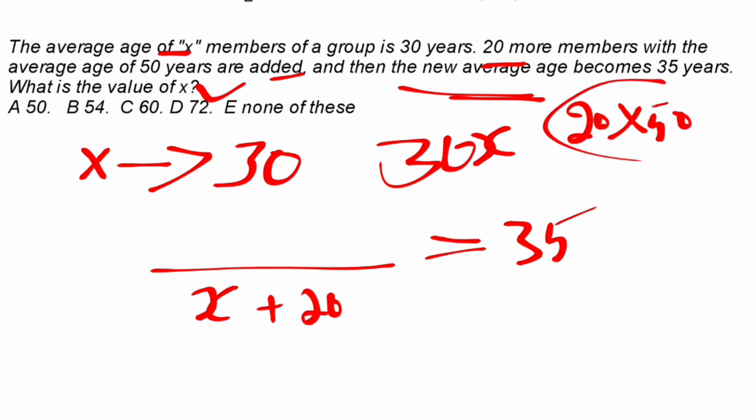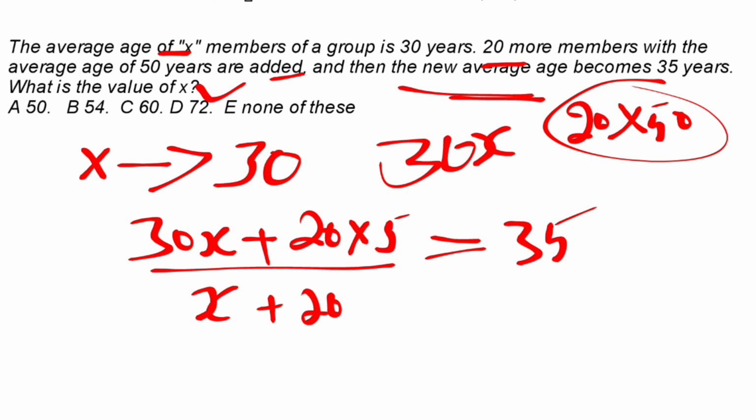So, 30 into x plus 20 into 50, divided by x plus 20 members, will become the new overall average of 35. Let us find the value of x.